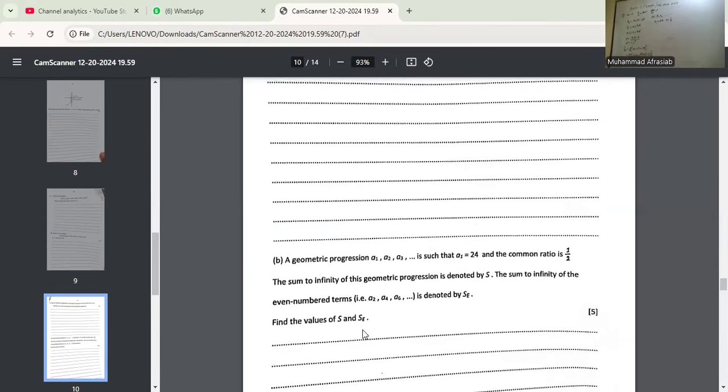The sum to infinity of this progression is denoted by S. The sum to infinity of the even-numbered terms A2, A4, A6 is denoted by SE.